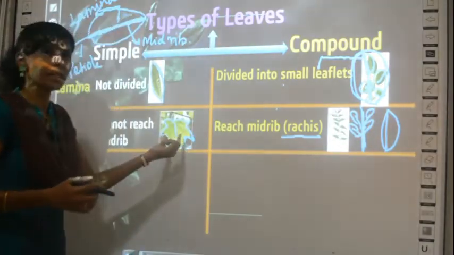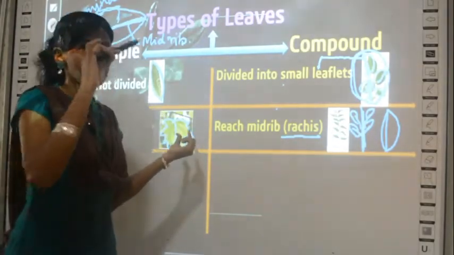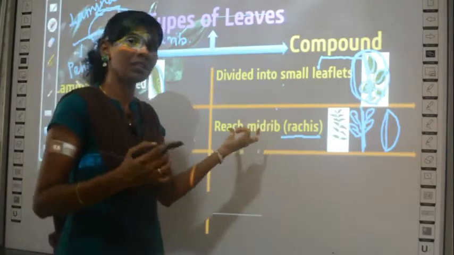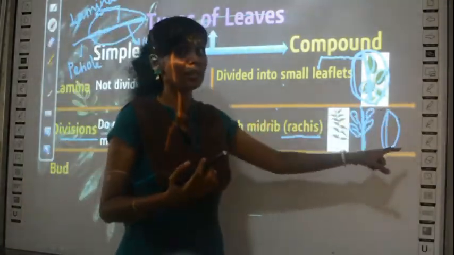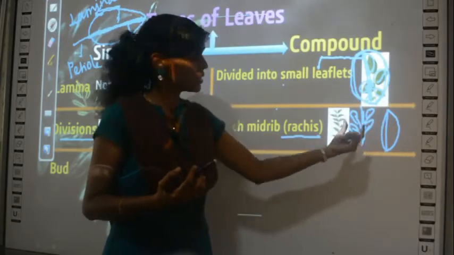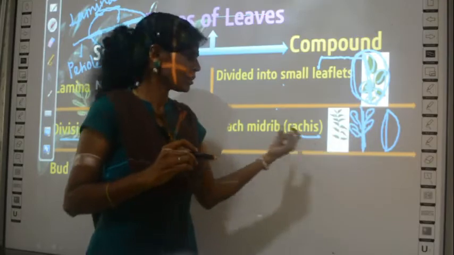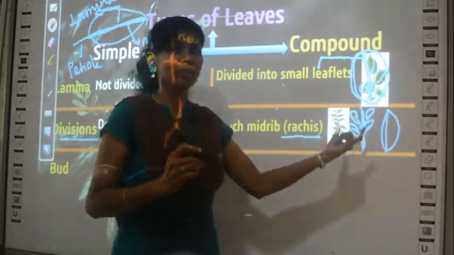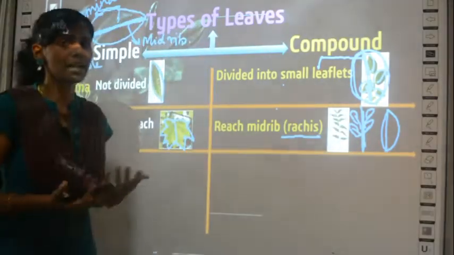Here you can call it a midrib because you have only one leaf. The thick vein in the center is called the midrib, in terms of being a single big leaf blade, but since it is divided into leaflets, you should call it the rachis. So these leaflets, these divisions, reach the midrib or the rachis. That is the second point. So what differences have we seen?